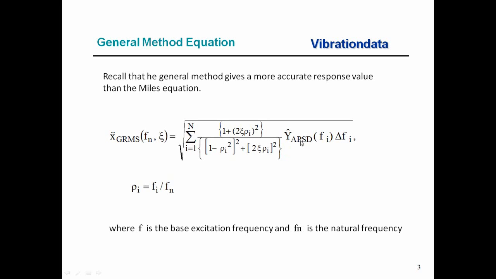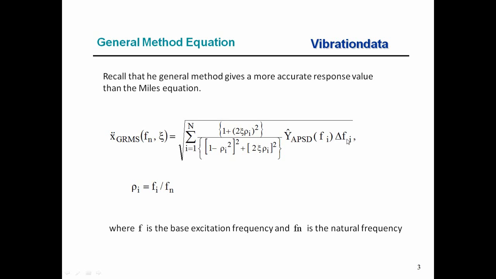Now the base input PSD is going to be digital. So we've got digitized data, and there's going to be a frequency step between each of the spectral points in the PSD. So we have to multiply here by delta f sub i.